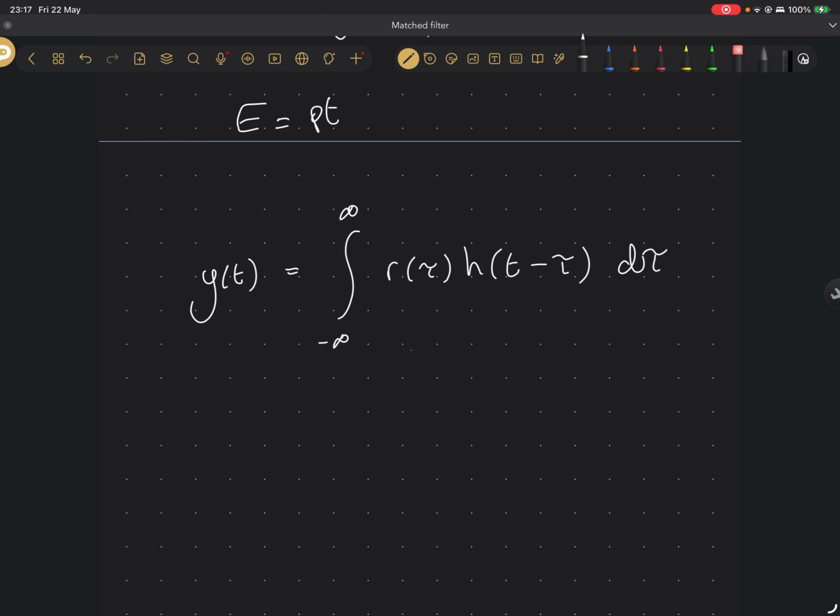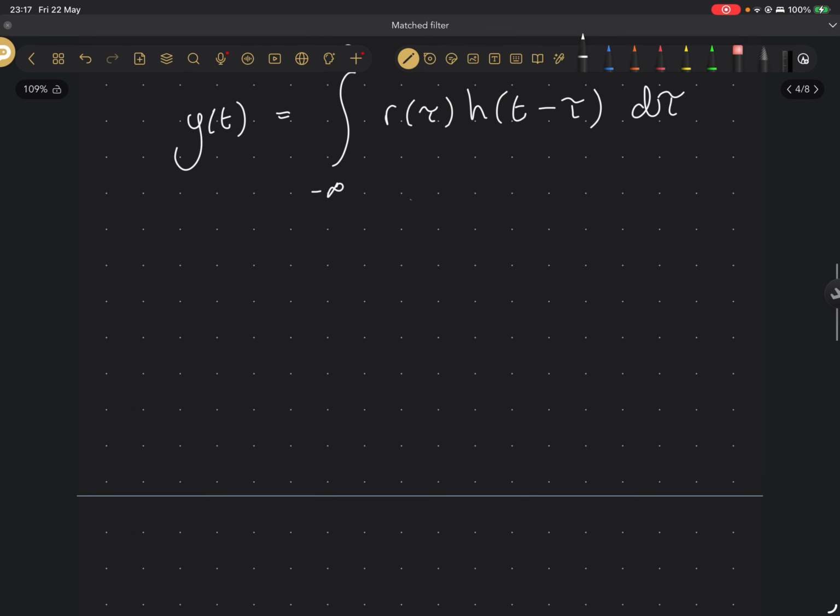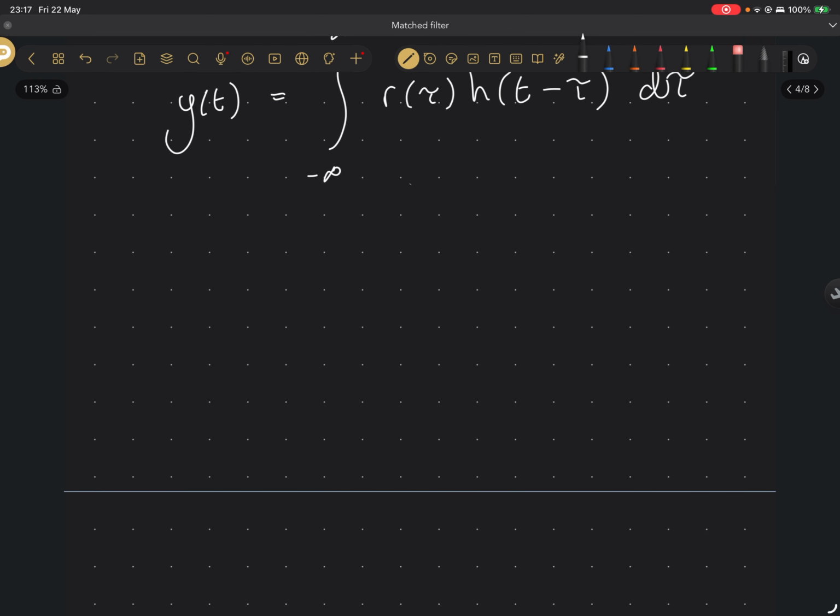So the matched filter, how it works, this is where the magic lies. It chooses its impulse response to be h of t is equal to s of t sub s, which is the sampling instant, minus t. So what does this mean?